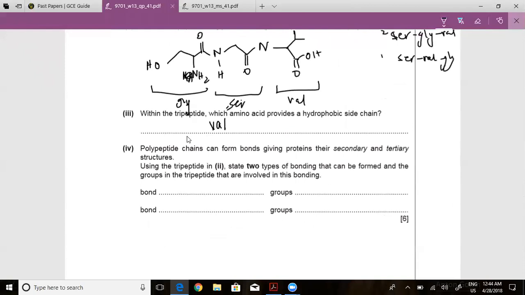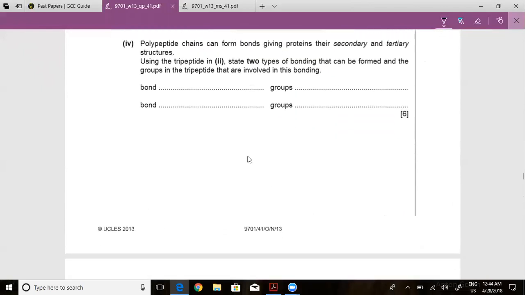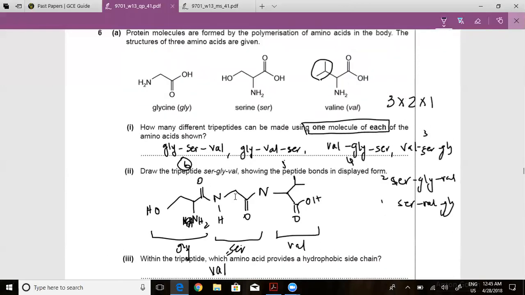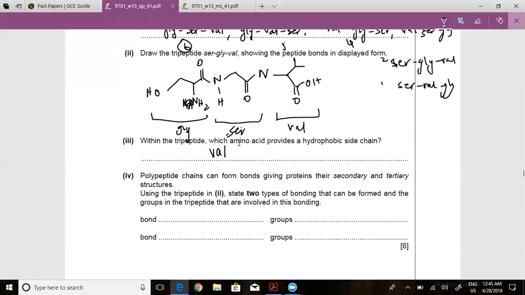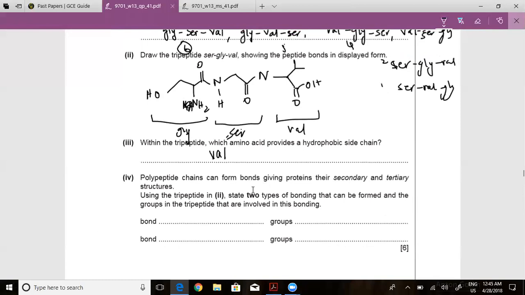Polypeptide chains can form bonds, giving proteins their secondary and tertiary structures. Using the tripeptide in number 2, you have to use this. It can form hydrogen bonds. Hydrogen bonding is your safe bet.